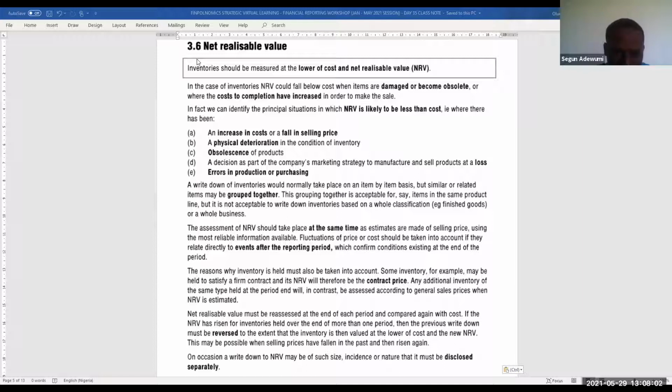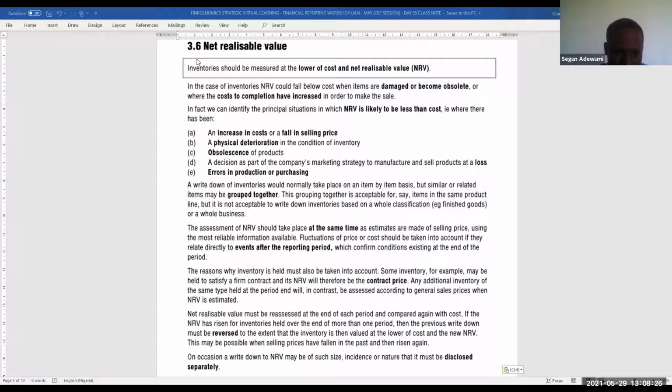A write-down of inventories would normally take place on an item-by-item basis, but similar or related items may be grouped together. This grouping together is acceptable for, say, items in the same product line, but it is not acceptable to write down inventories based on a whole classification, e.g. finished goods, or a whole business.